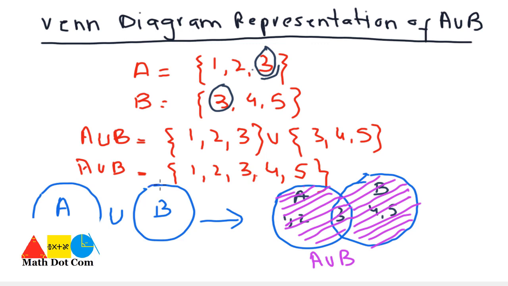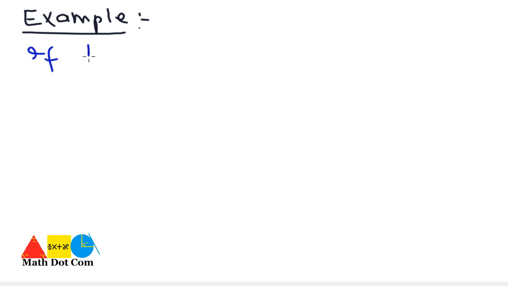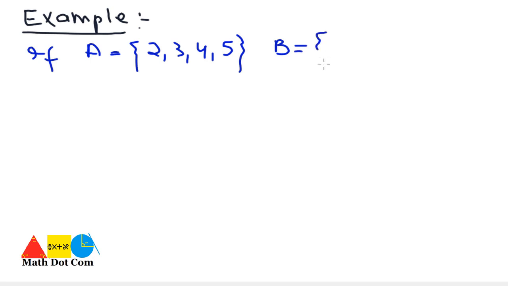Now let's have a few mathematical examples to see how you can find A union B. Example: if you have one set A equal to 2, 3, 4, 5, and B equal to 2, 3, 5, 7, and 8.